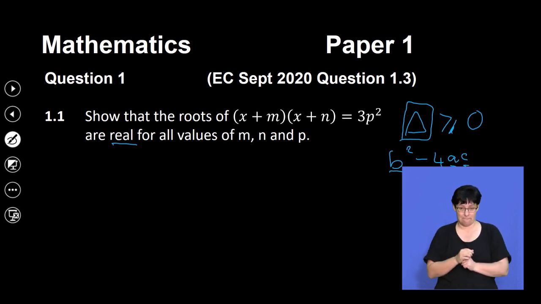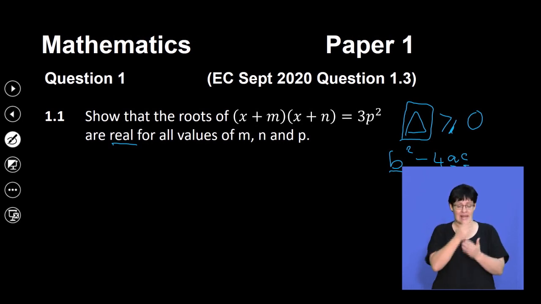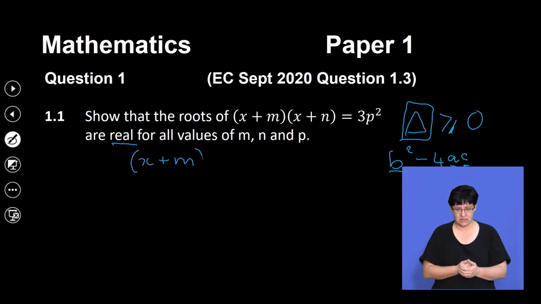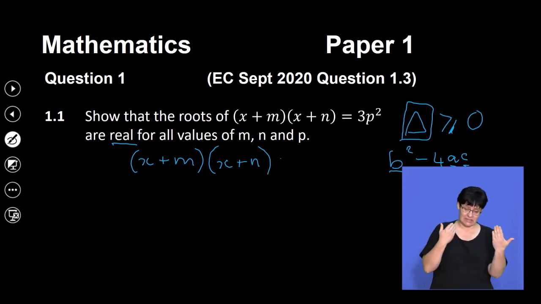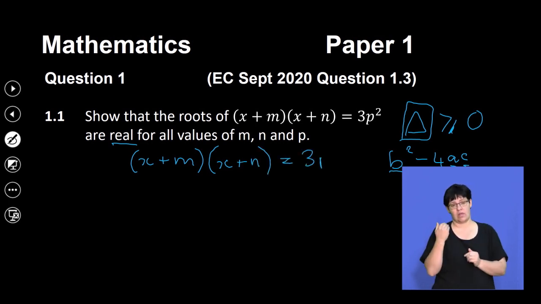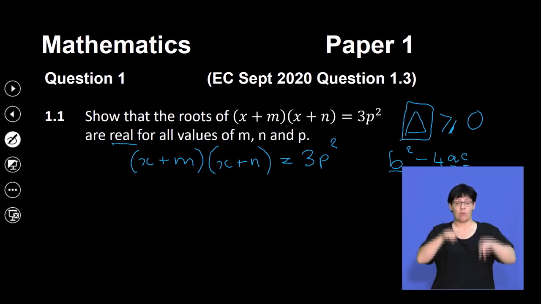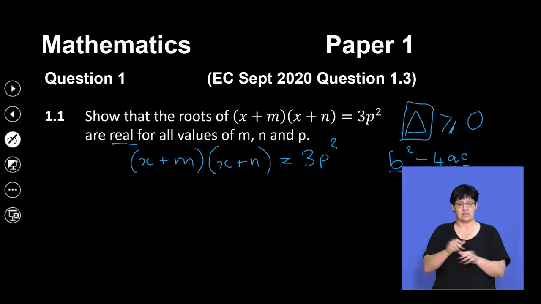To do that, we need to get this into standard form. And we can see that at the moment, it is definitely not in standard form. We're going to have to multiply everything out on the left-hand side of the equation, and we are going to have to bring the 3p squared over to the left-hand side to get it into standard form. Don't forget that the variable in this is x, and m, n, and p are effectively constants.